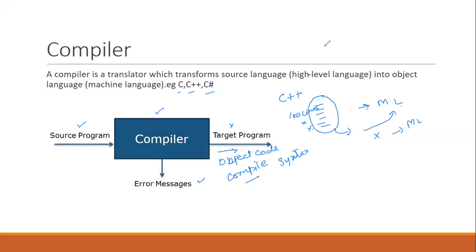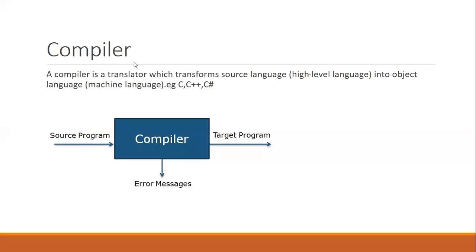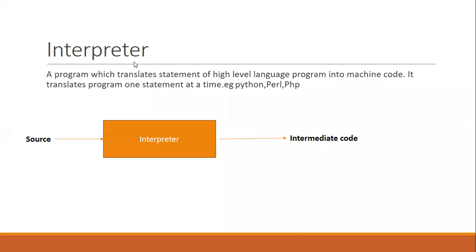Now let us talk about the interpreter. In the interpreter, we take the code and the code gets executed line by line. So say for example, you have code in a language called Python. Python is an interpreted language, so it does not have a compiler.